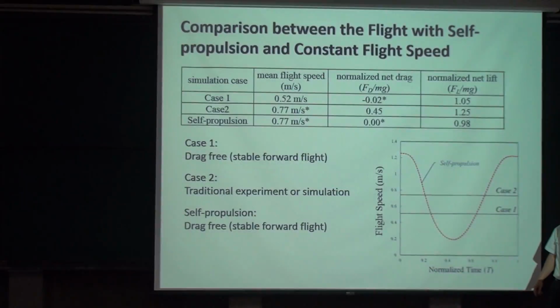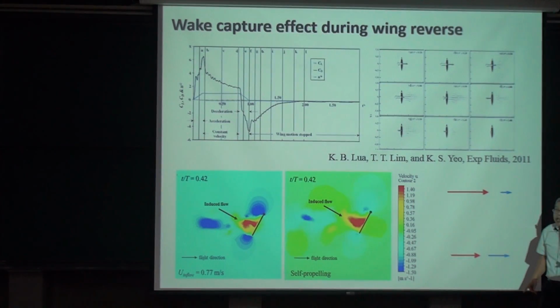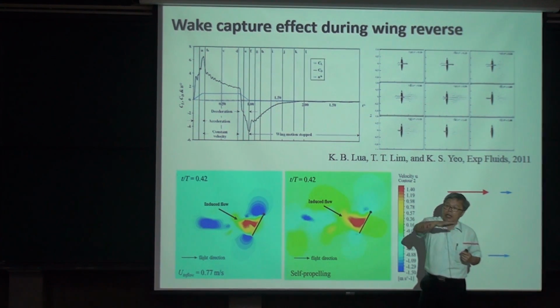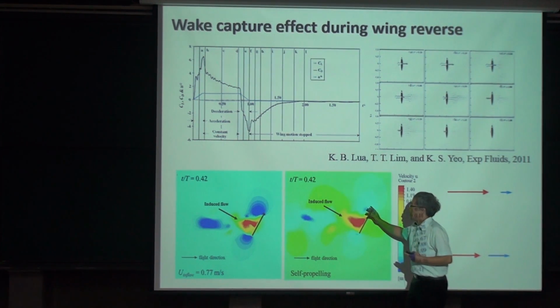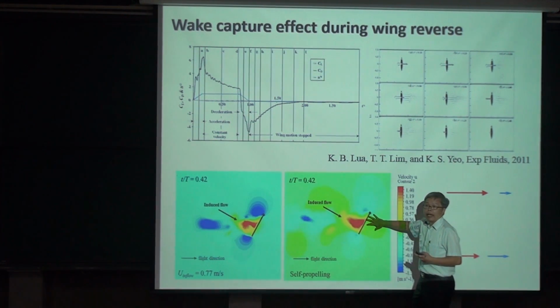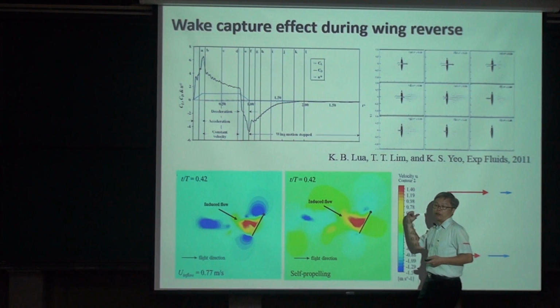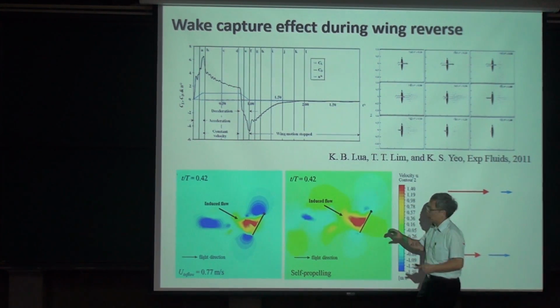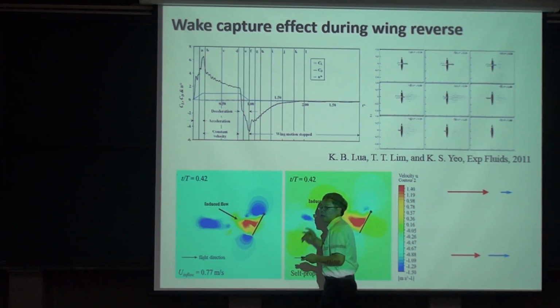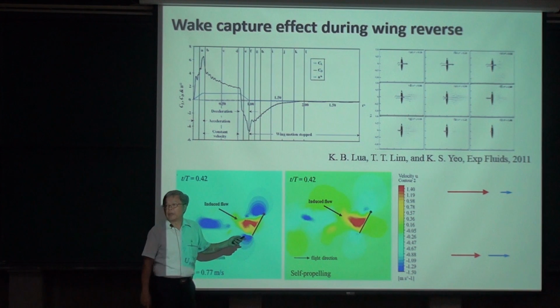And the second one, for changing the speed, is if they slow down, not constant speed, then the wake structure will catch up with the wing and add propulsion force. Okay, and we checked the experiment, the flow structure, and then the numerical simulation. We found it is believable.